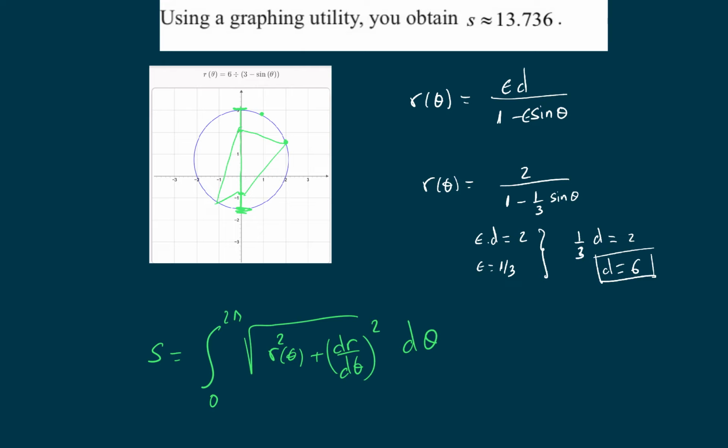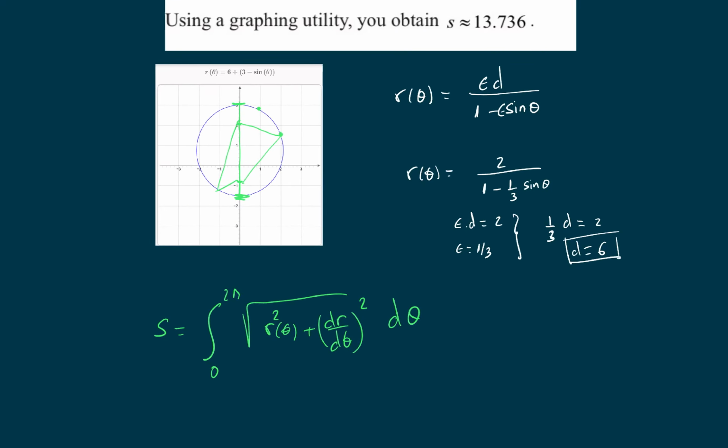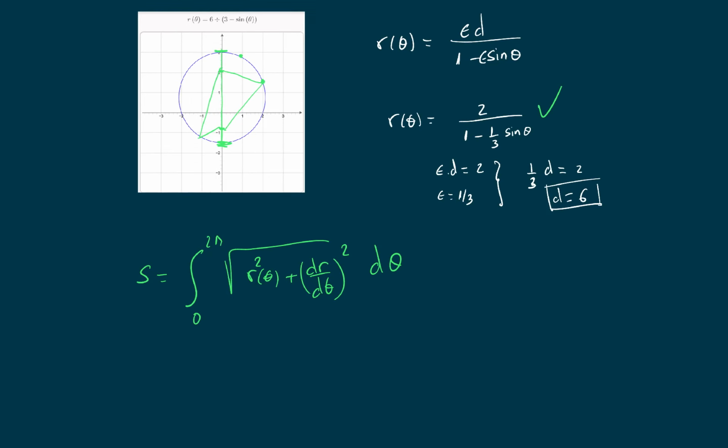So we need to plug in the equation here. The r squared could be this one, or the same one, this one. The question here is that you will not be able to do the integral, so you will have to use an approximation for this integral.